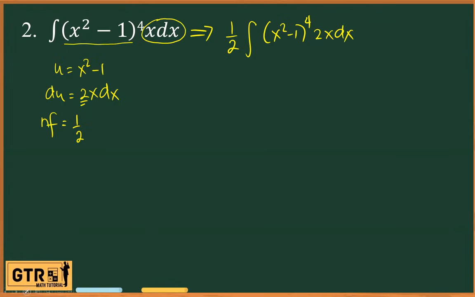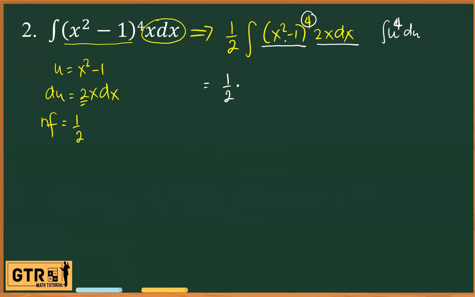Now it's in the form u to the n du. This is our u, this is our n, and this is our du, 2x dx. Then we have 1/2 here. So the final answer is 1/2, and then just add 1 to the exponent since it is in the form integral of u to the 4th du.